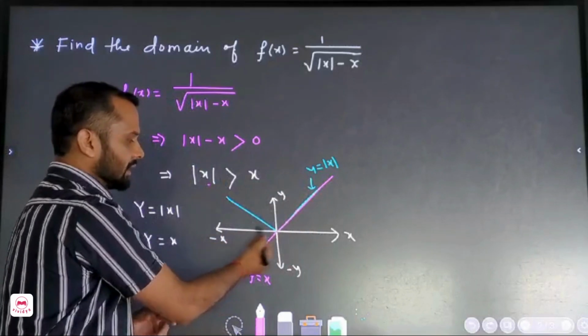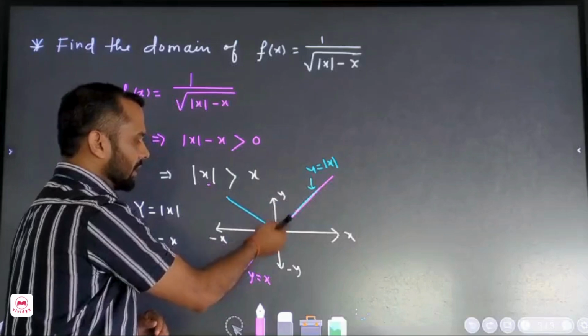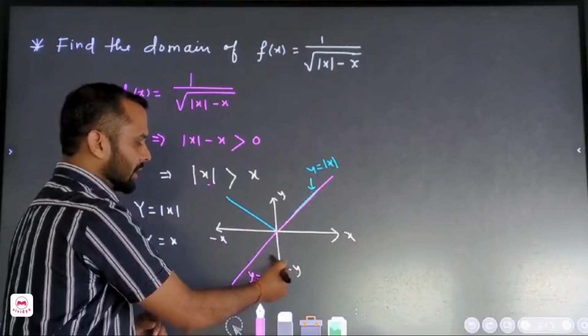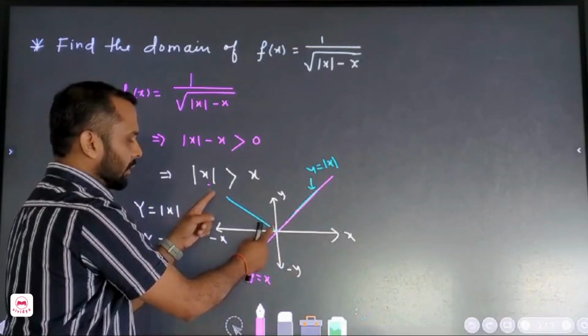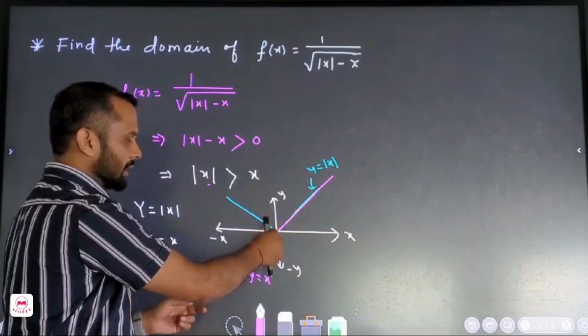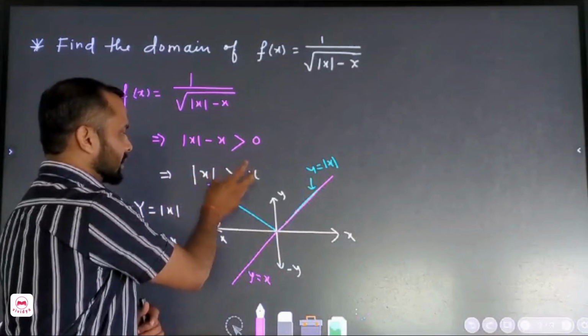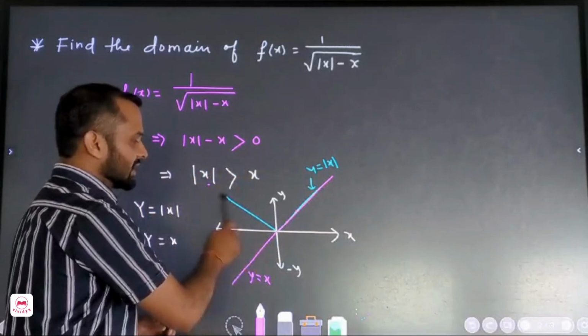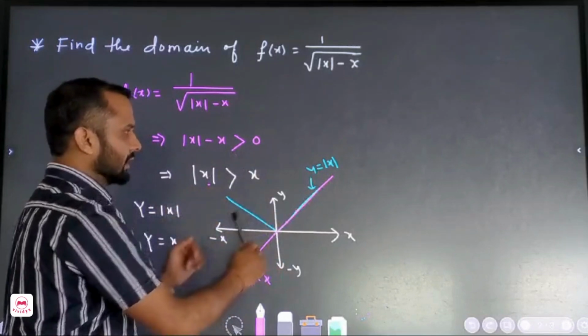Here, if I look at the negative interval, the mod x y values are above, and the y values of x are below the x-axis. So clearly it is visible that for this set of x, the y values are positive, and for this set of x, the y values are negative. And we want mod x to be greater than that. So definitely this set will be our answer, because their y values are positive, which is greater than the negative value.